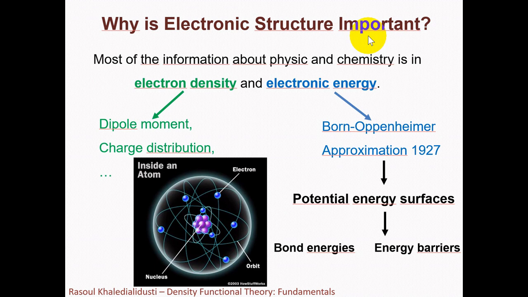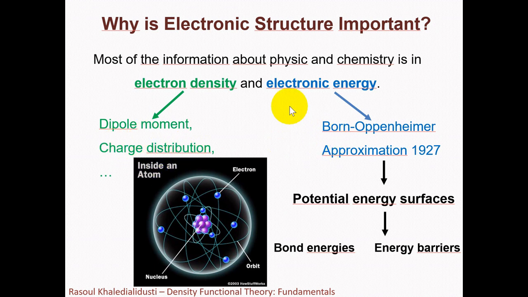Some of the information is useful, for instance, the electron density, that is the distribution of the electrons. The distribution of the electrons and the position of the ions give rise to certain important properties like dipole moment and, more generally, charge distribution.